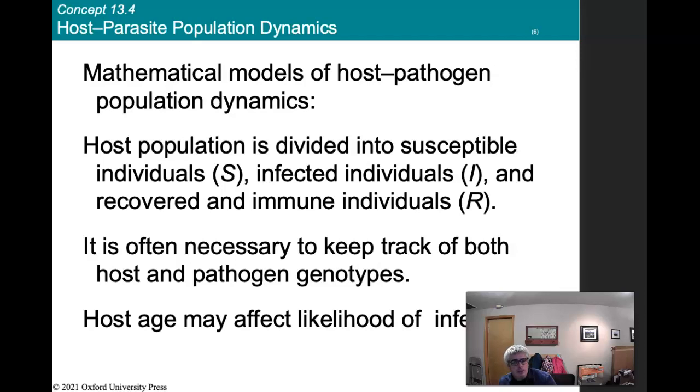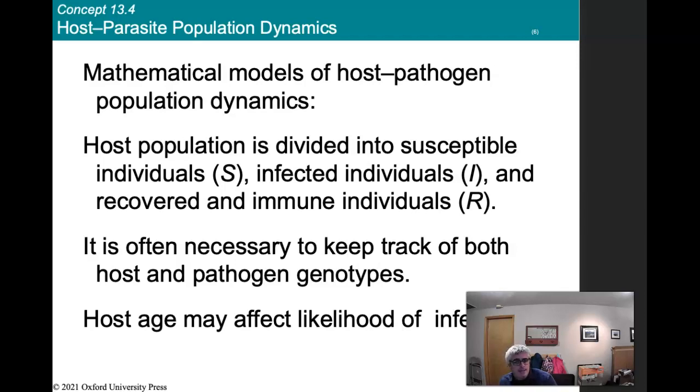And then recovered and immune individuals is R. So individuals that have recovered or are immune to that parasite are R. So either individuals that genetically have a defense against that parasite, or individuals that have recovered and have learned how to fend off that parasite.